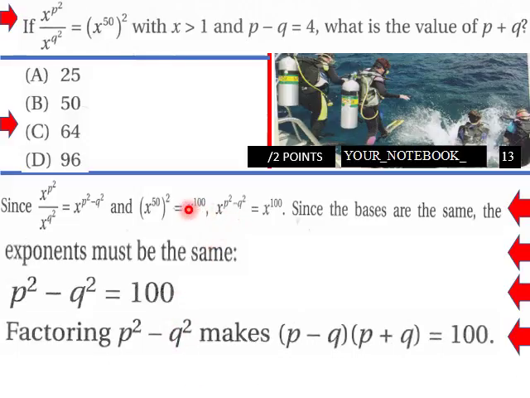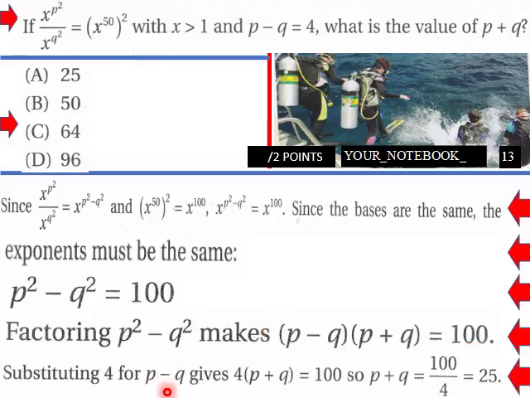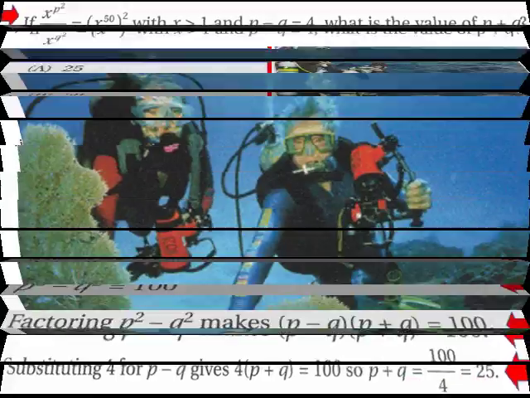Solving this exponential equation and then factoring for this equals 100, substituting 4 for p minus q gives this here, so 100 over 4, p plus q must equal 25.